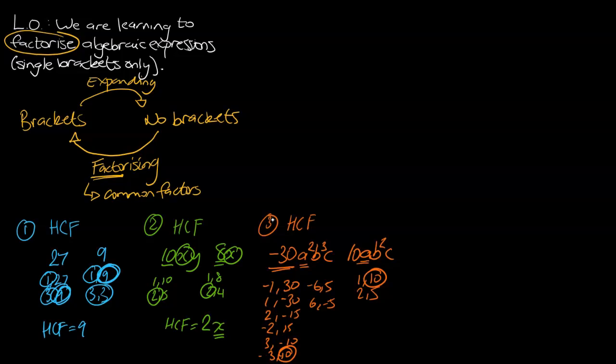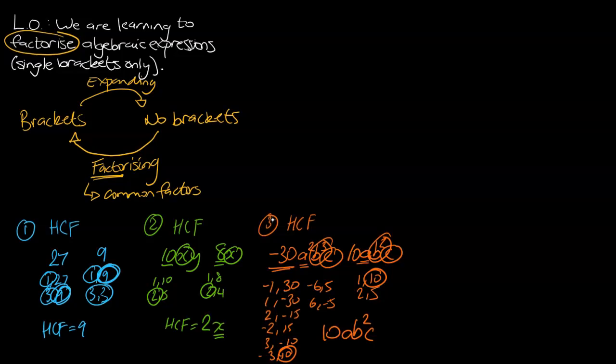So when you think of the A's, the highest amount they have in common is just 1A. So we've got 10A. You then have a look at the B's. They've got b cubed and b squared, so they've got 2 b's in common. And then when you have a look at the c's, they've both got a c in common as well. So that means 10ab squared c is the highest common factor for those expressions.